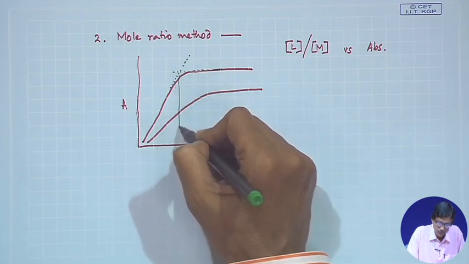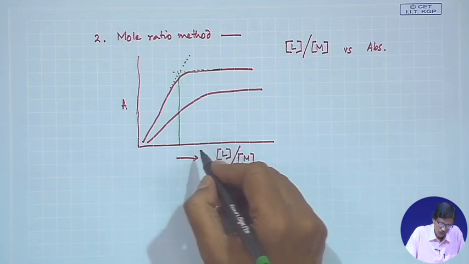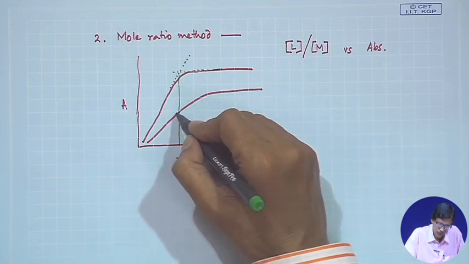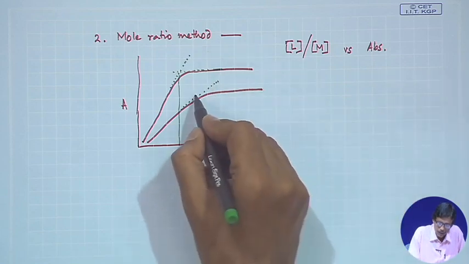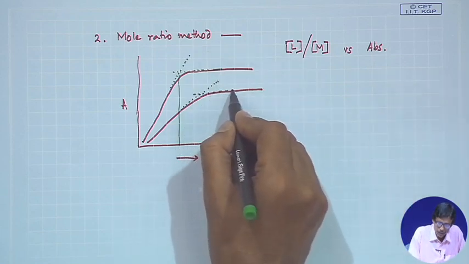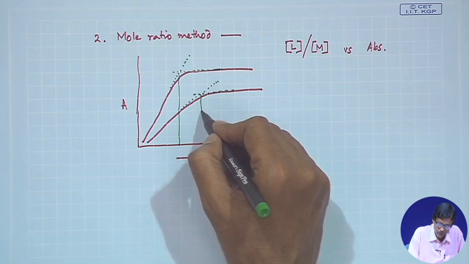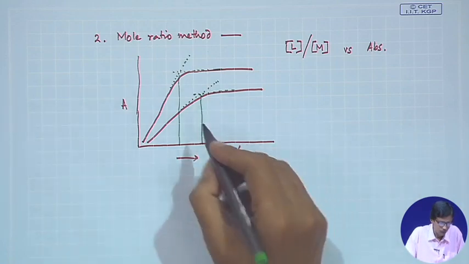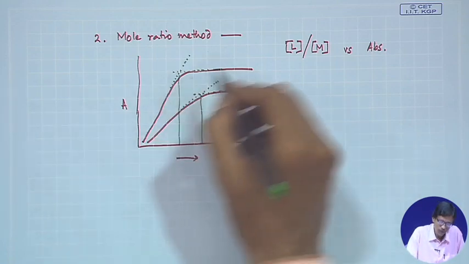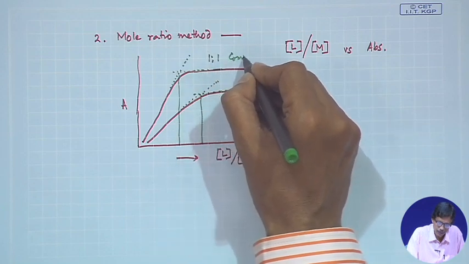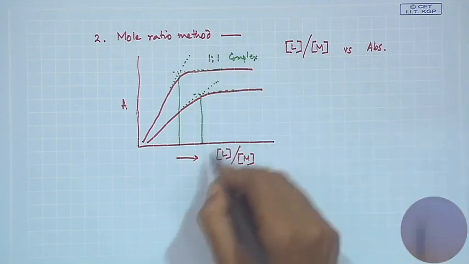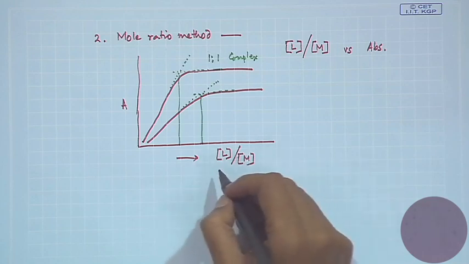So, this is the thing. This is one such magnitude, and if we go for the second one, this is also one thing. The first one is for a 1:1 complex, that means the mole ratio is equivalent.